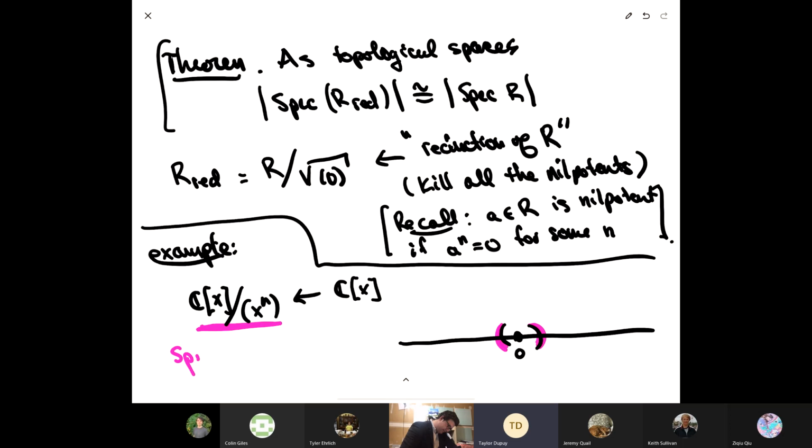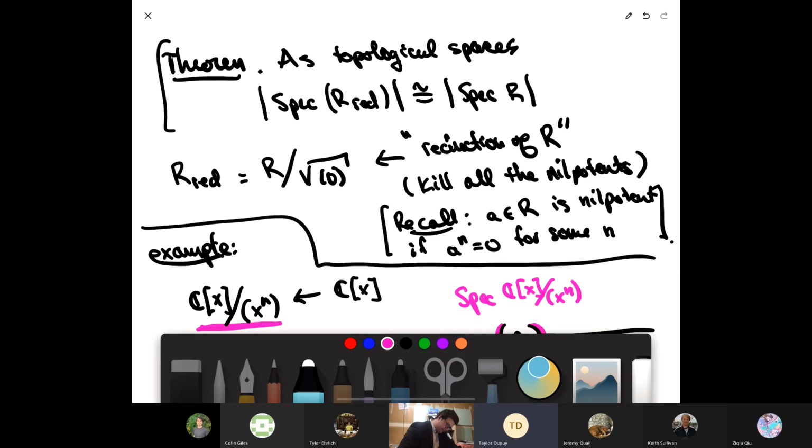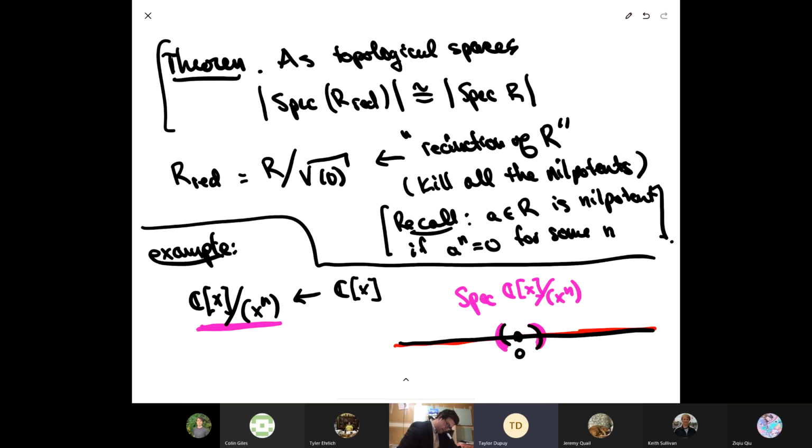This is Spec of C[t], or C[x] mod x to the n. This is inside, and then this whole red line here is Spec of C[x].